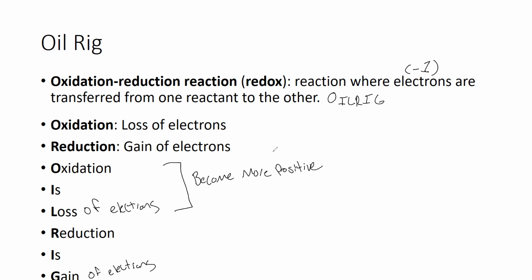You become more positively charged because you're losing electrons. Electrons are negatively charged. While if you're reduced, you're gaining electrons, so you become more negative. Again, electrons are a negative charge, so if you gain electrons, you become more negative. So oxidation, more positive; reduction, more negative.